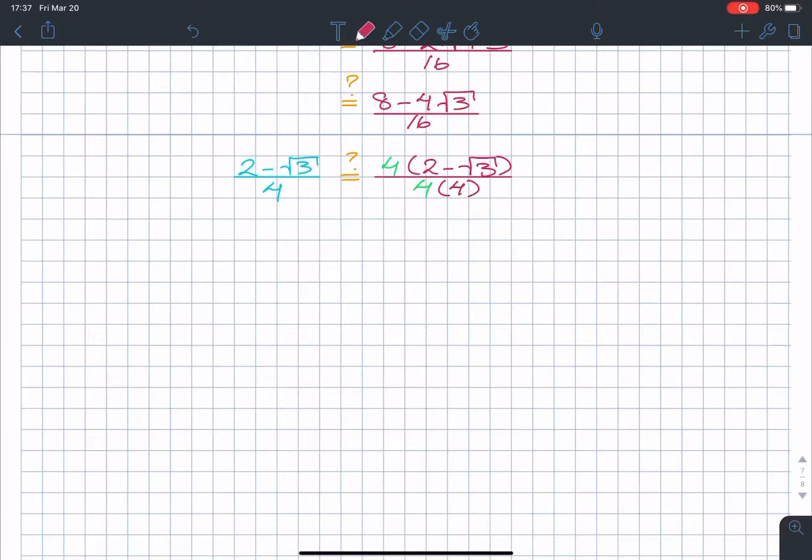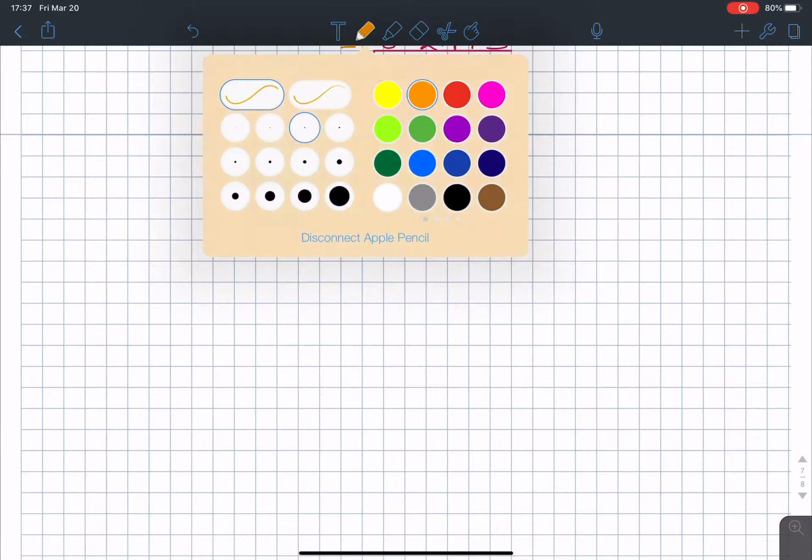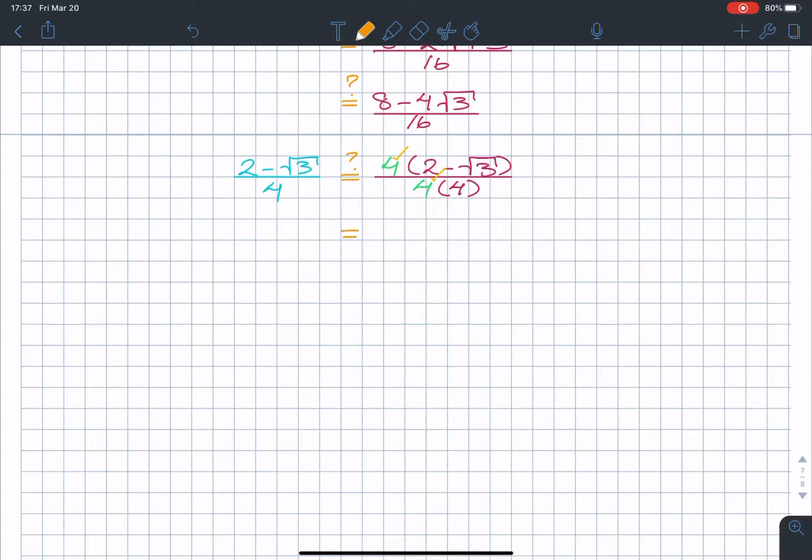The 4's reduce. And I'm left with the fact that yes, this is indeed equal to 2 minus the square root of 3 all over 4, check mark. So we got it right as well.